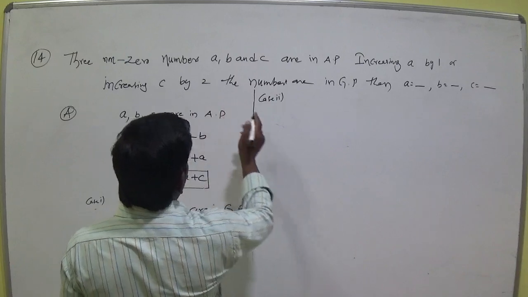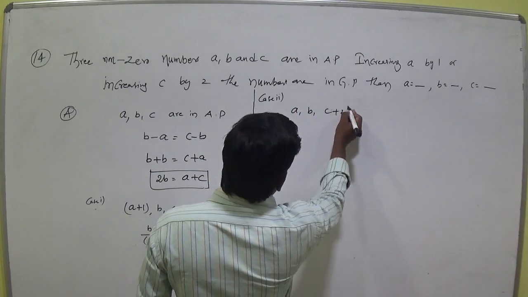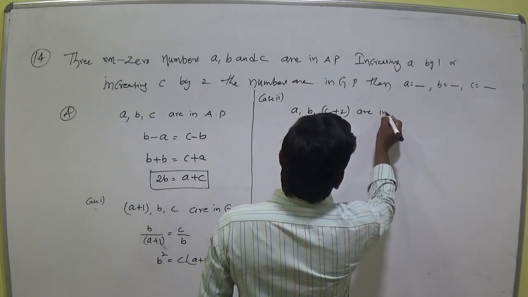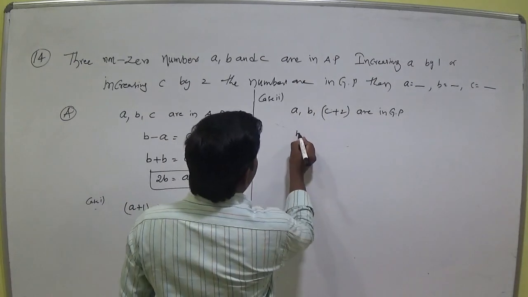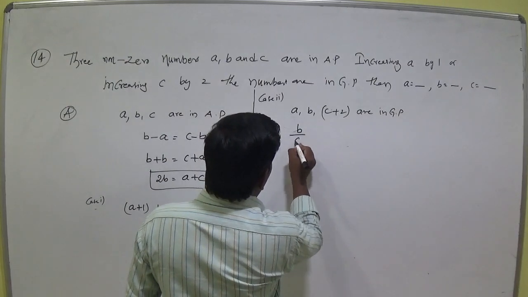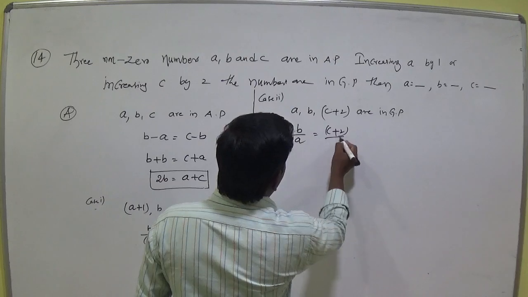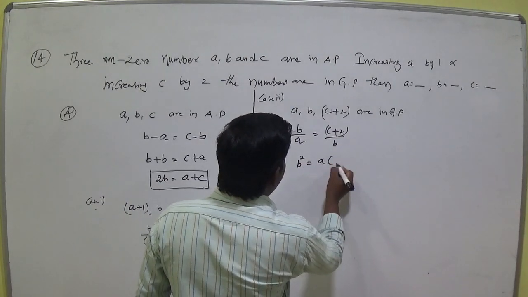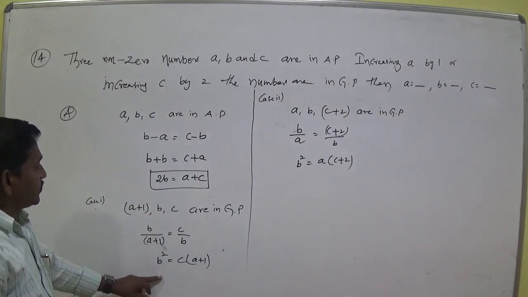And in case 2, increasing c by 2, that means a, b, c plus 2 are in GP. Now b by a equal to c plus 2 by b, that means b square equal to a into c plus 2. What do we get here?